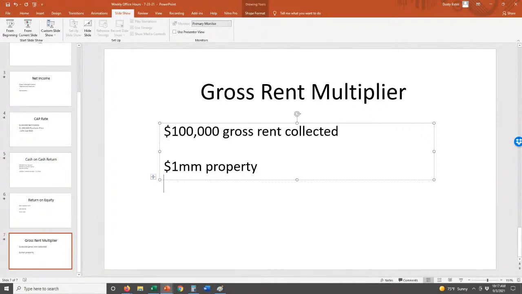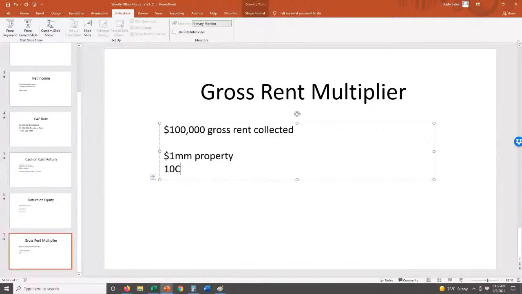So if it's a $1 million property, I'm collecting $100,000. $100,000 goes into $1 million 10 times. It's a 10 times gross rent multiplier.